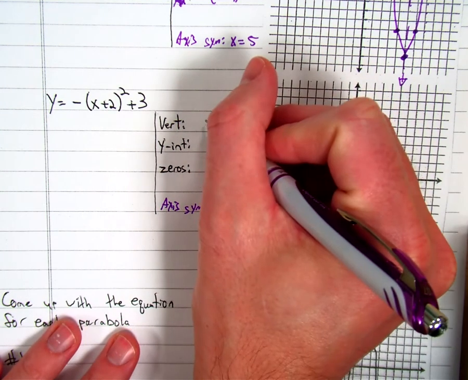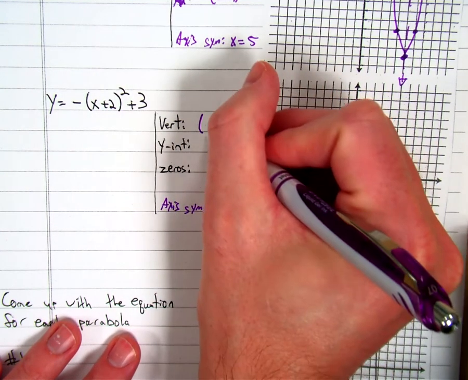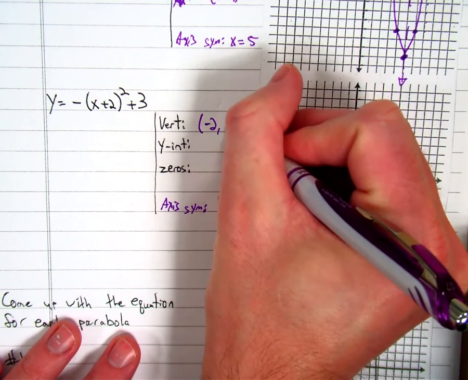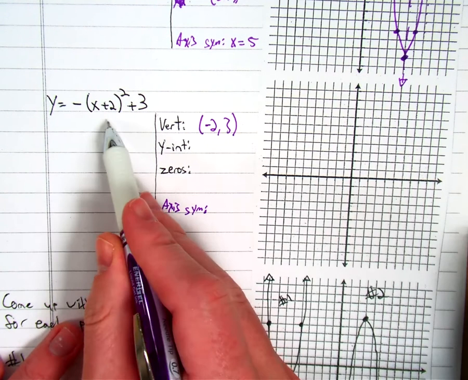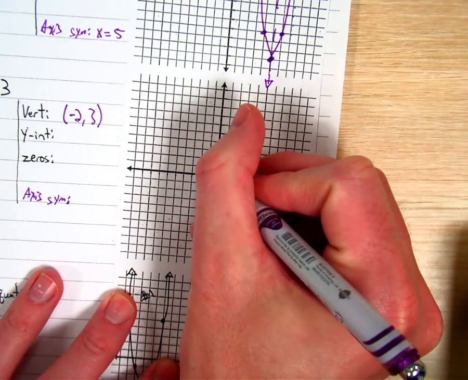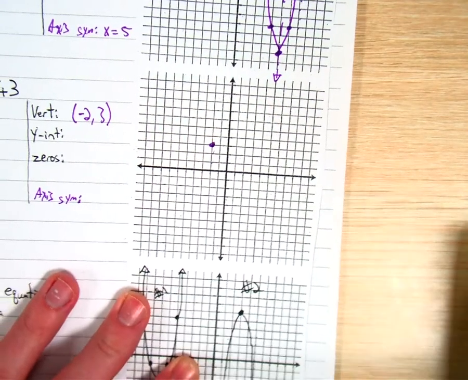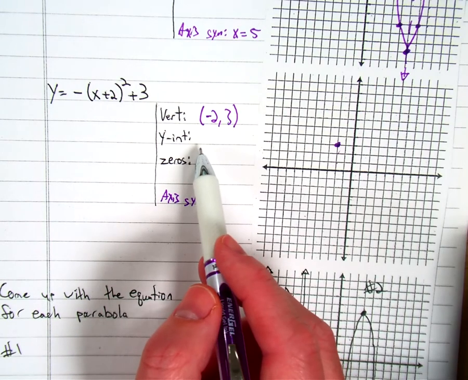Welcome back. So we're going to have vertex of opposite, comma, same, -2, +3. Okay, opposite, comma, same, -2, +3. There's my vertex. Okay, y-intercept.